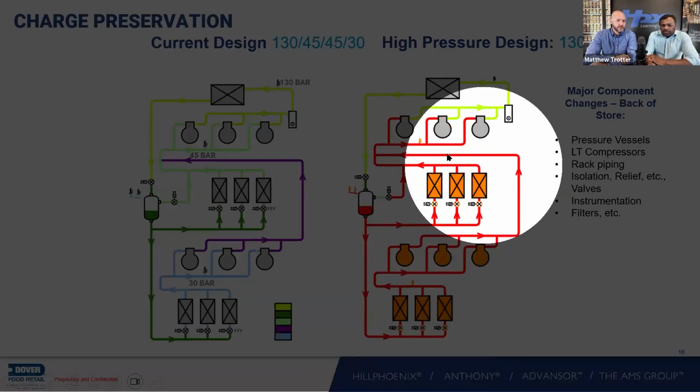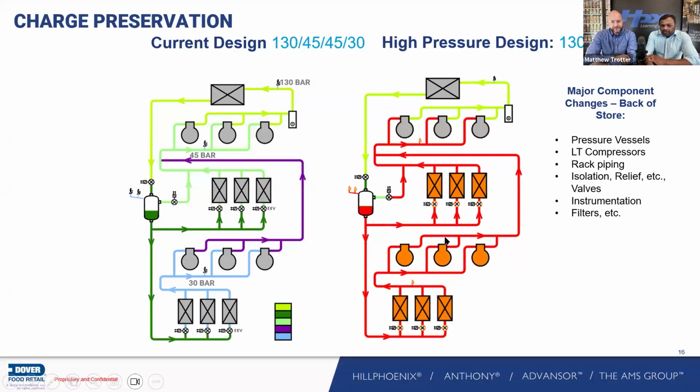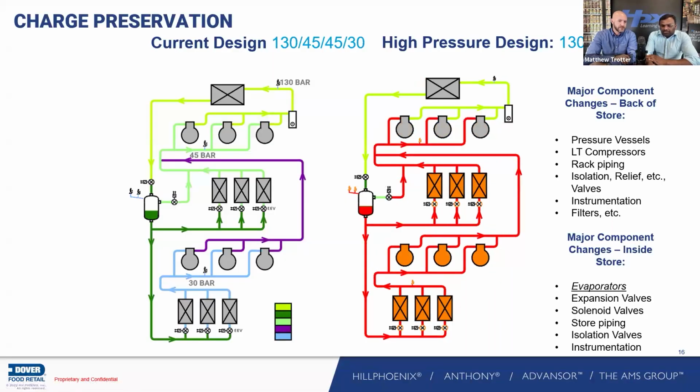Similarly on the medium temp, and all the piping in the rack needs to change. Relief valves have to change, and of course instrumentation needs to change. So these are the major changes that need to happen both within the rack and also within the store. All the components need to change. So if we make all these changes, we can do 90 bar.